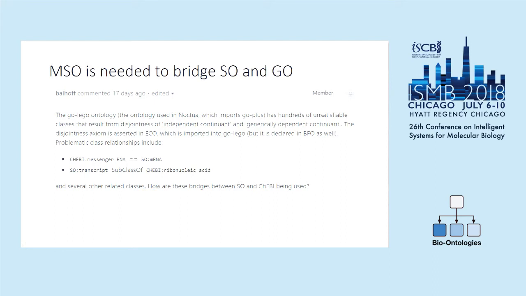Now, this is an actual issue raised on a Gene Ontology GitHub repository here. So a subset of ChEBI was being reused in an ontology involving GO terms, and the logical unsatisfiability arose because of this confusion between information entities and physical entities. So ChEBI messenger RNA was said to be equal to the SO mRNA. They thought that this was just two terms for the same thing.